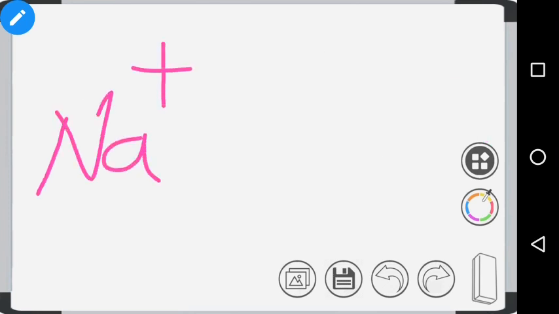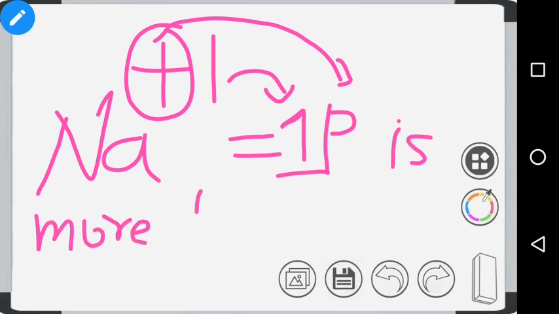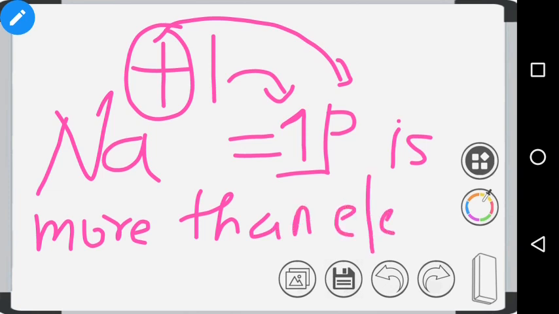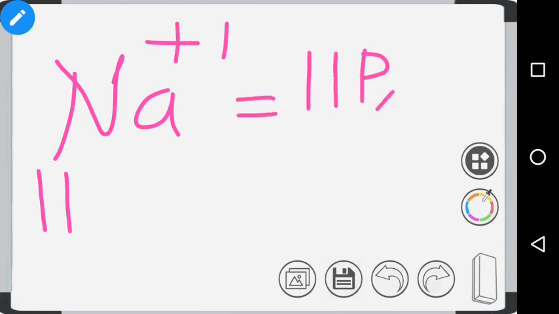Now let me give another example. Na plus 1. Here plus means proton. How many protons? One proton more than electrons. And the atomic number is fixed. You all know sodium has 11, so we get 11 protons, and one proton more than electrons means we get 10 electrons.